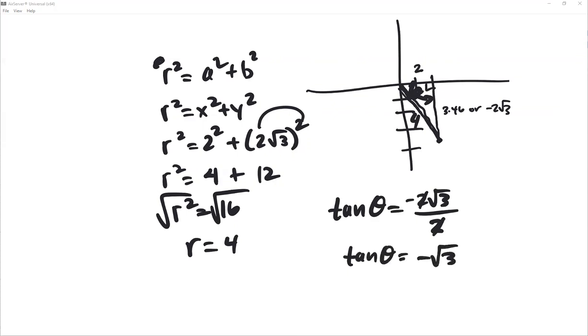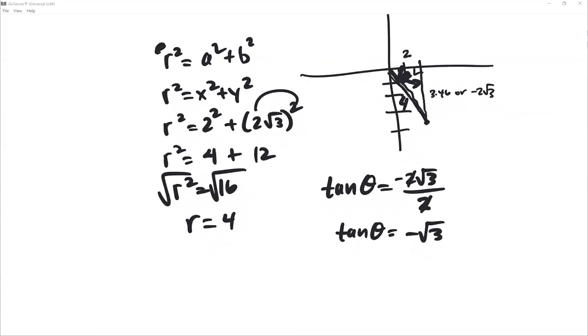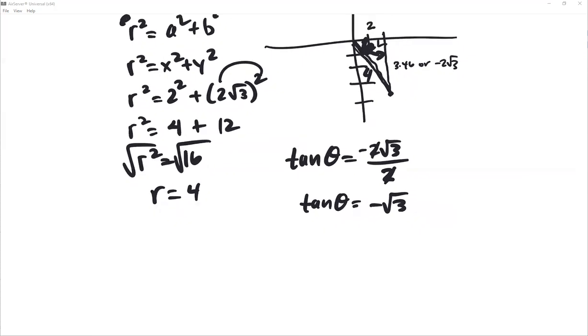All right. Where is tangent negative radical 3 here? So radical 3 comes from radical 3 over 2 over 1/2. And in this case, the y has to be negative, right?